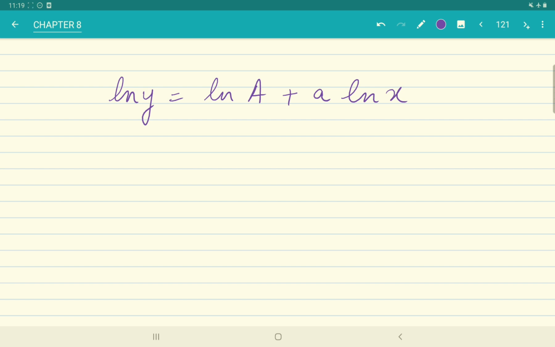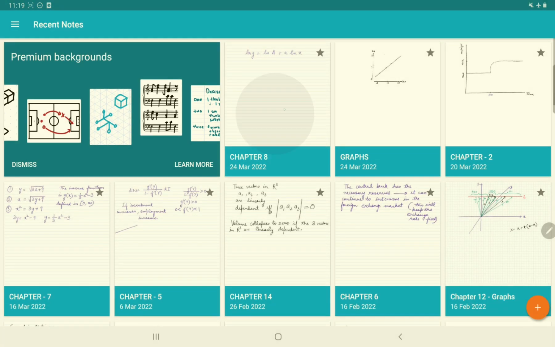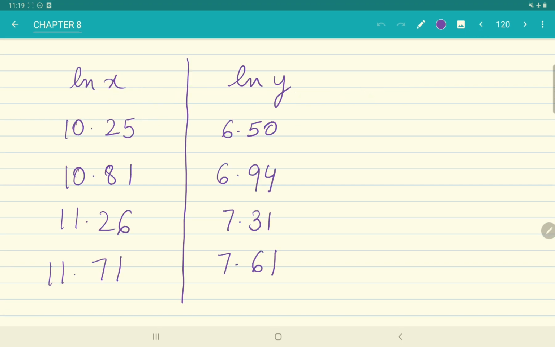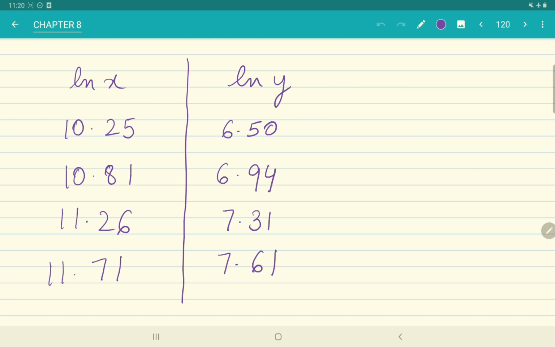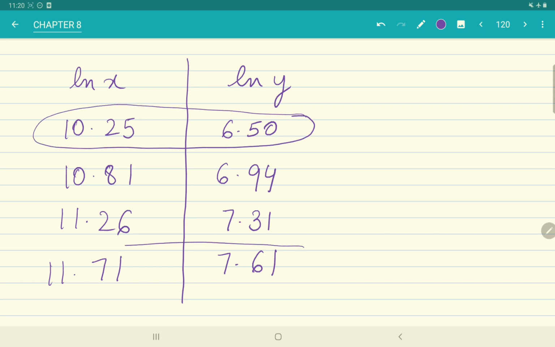Also, in this case, I have ln x and ln y given here. The slope for that straight line is little a. Let's say I use these extreme points and think of the slope of the straight line. If you can recall, it's y2 minus y1 divided by x2 minus x1.